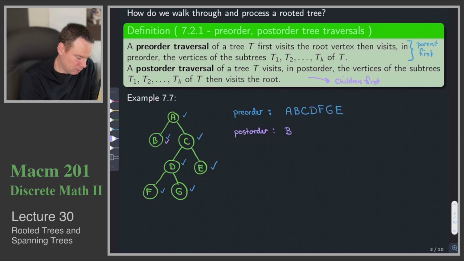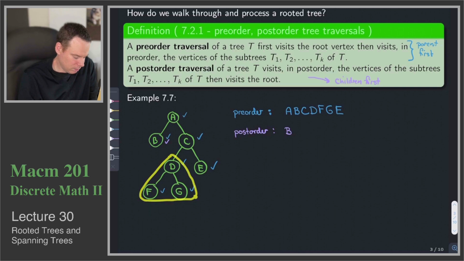And now what do we do next? Well, we still haven't finished all of the children of the root. There's still this child here. And to do a postorder traversal of the subtree with this child means we're doing a postorder traversal of that subtree. And in order to do that, we deal with its children first. So it's got 2 children. And I will do a postorder traversal of the subtree of the first child.